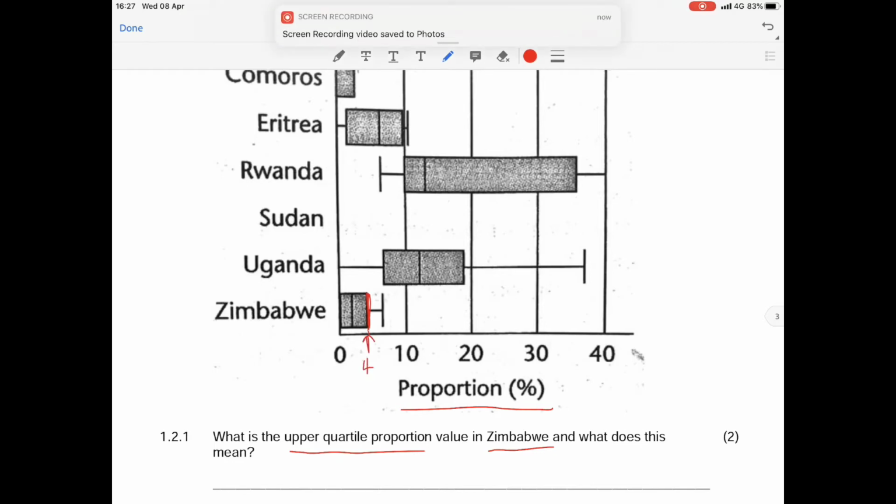It corresponds to roughly, we'd say not 5%, but probably 4%. And what does that mean? It means that this is the upper quartile, so in other words, the 75th percentile. It means in 75% of cases, the failure to the malaria drug was less than 4%.